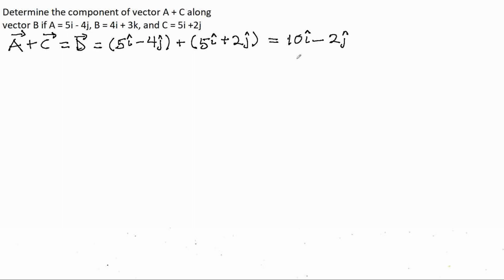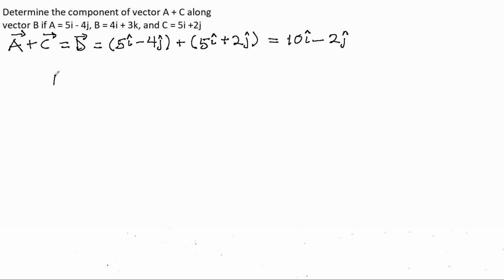Now we can read the question this way: determine the component of vector D along vector B, because now A plus C is vector D. We can find the component of D in the same direction as B by using the definition of the scalar product.